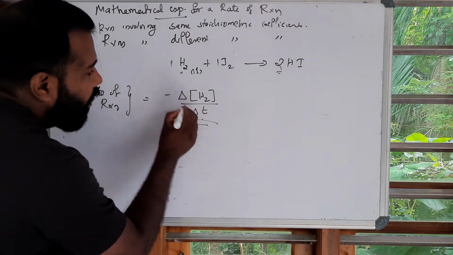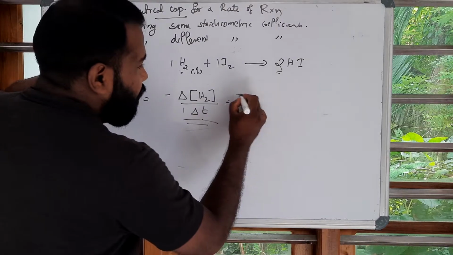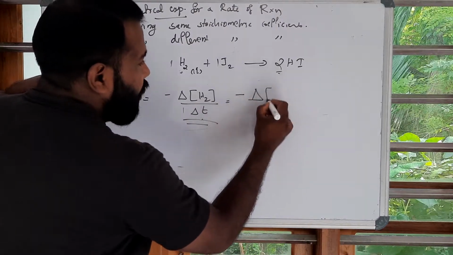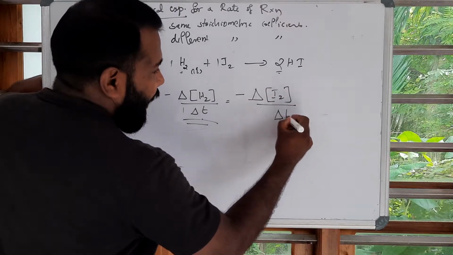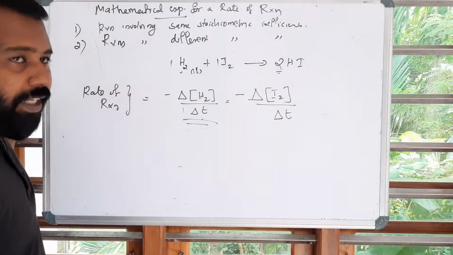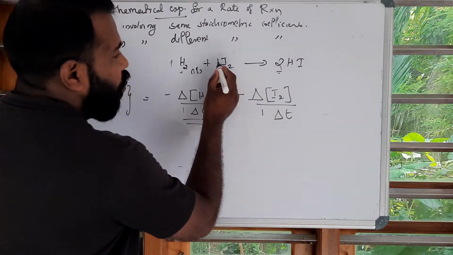What is the coefficient? 1. That is equal to minus delta change in concentration of I2 divided by delta T, divided by its own coefficient, which is 1, so no need to divide.